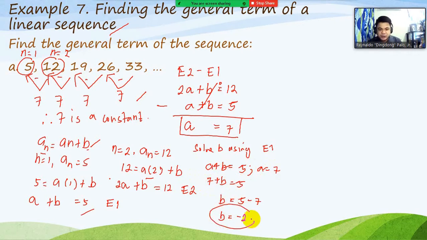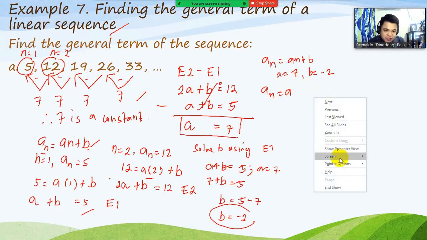Now, teacher, what are we going to do now? You will now create the general term or the formula using the values of a and b. a sub n equals a n plus b, wherein the value of a that we solved is 7 and the value of b is negative 2. Substitute: a sub n equals, we have to change a to 7.